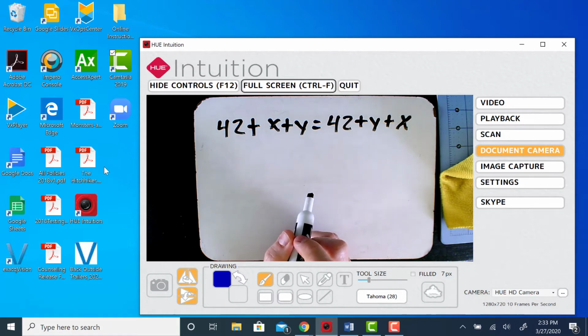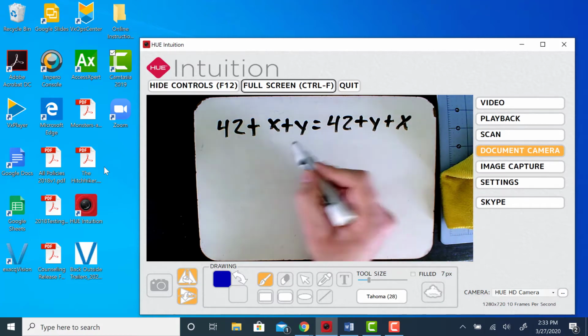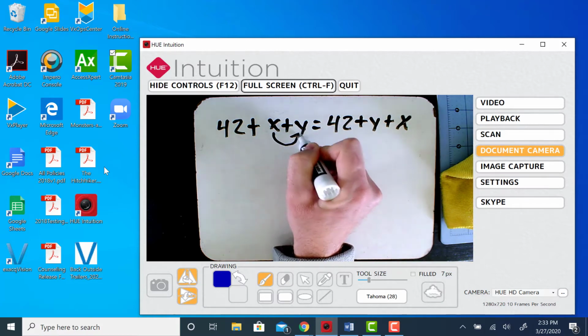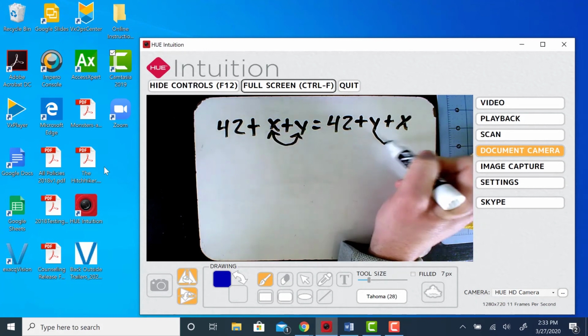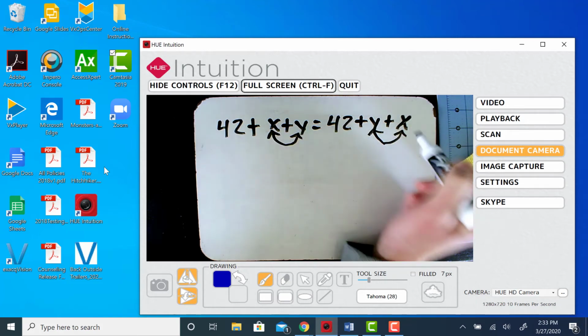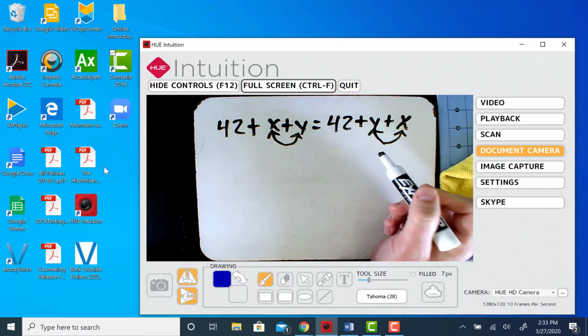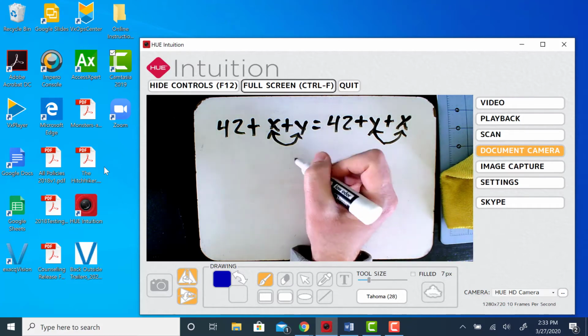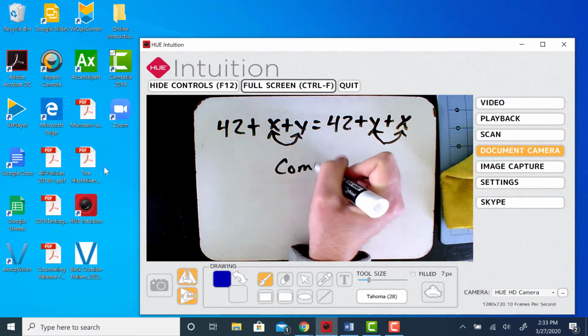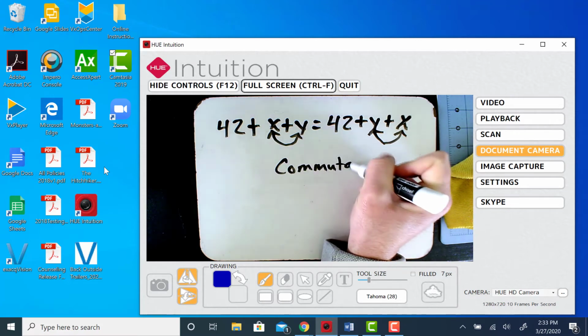I'll give you a second to think about it. Okay, so if you noticed, the thing that happened here is our x and our y got switched. And when we trade places or move the order that things are in, then we have commutative property.